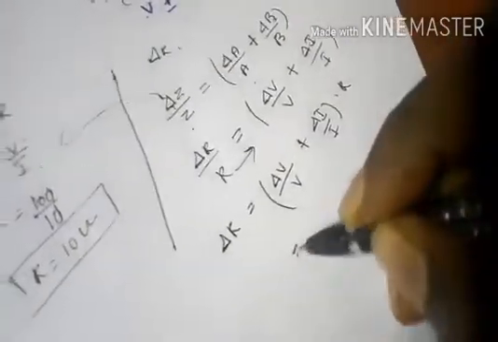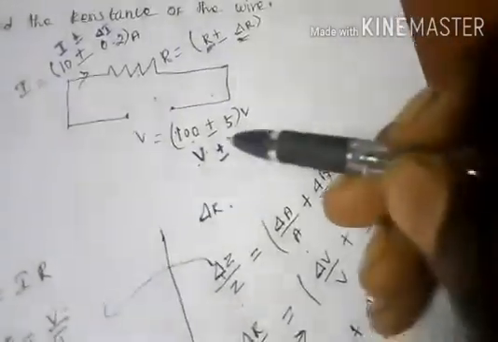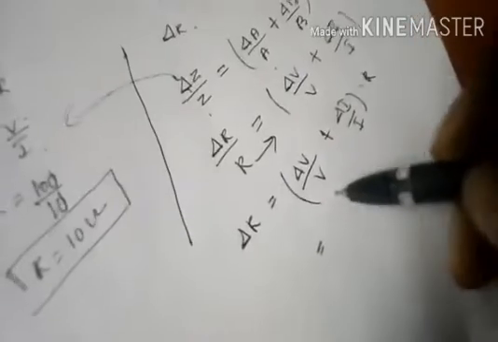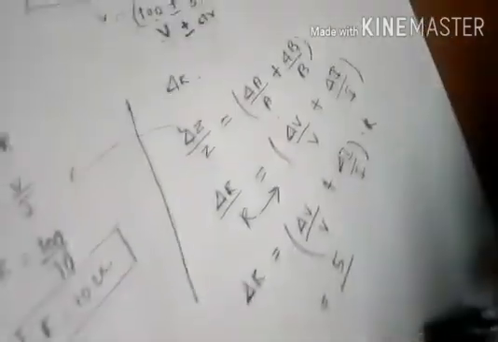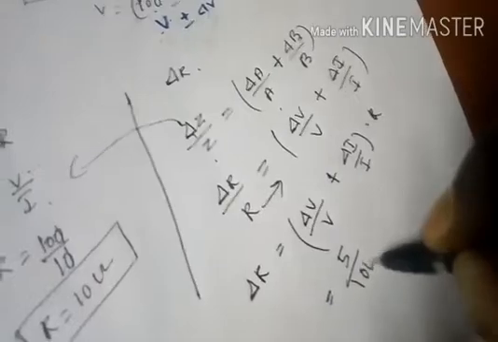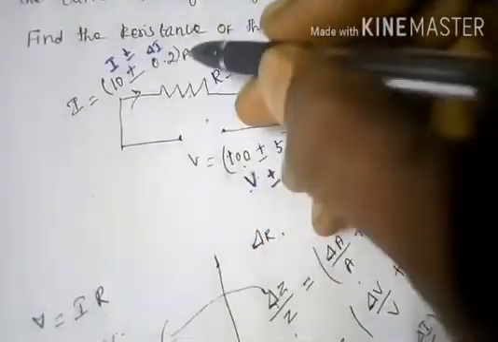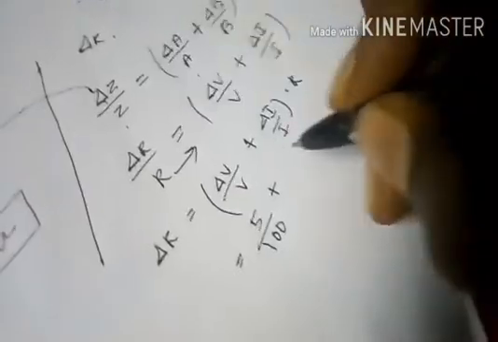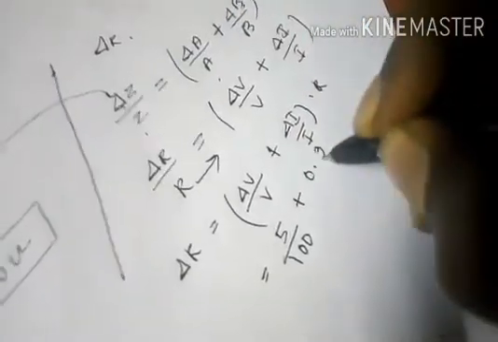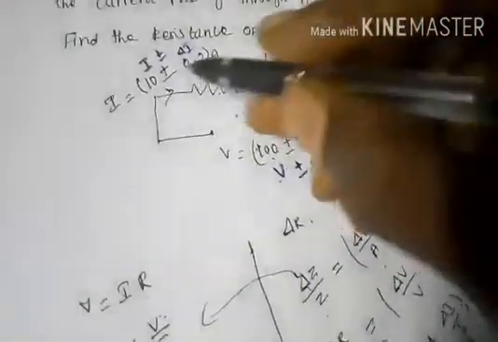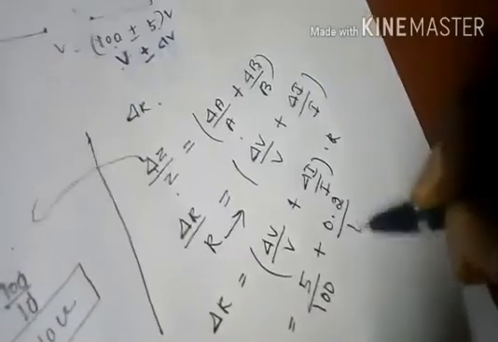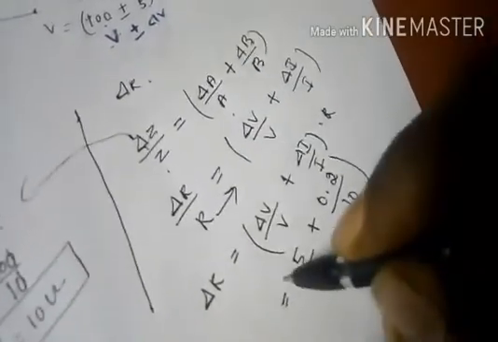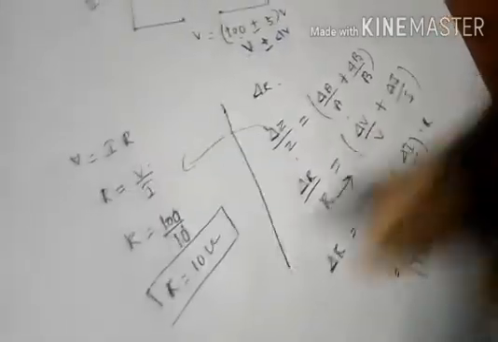So here del V value is 5, V value is 100, plus del I value is 0.2, I value is 10, into R value, which is 10.